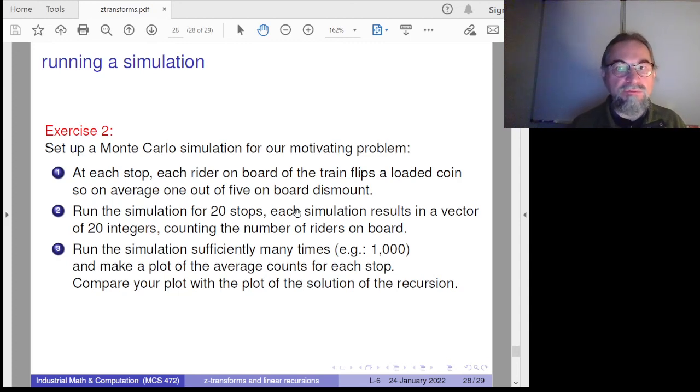So one run will give you a vector of 20 numbers. Now, of course, when you average things out, this is where the fractions come in again. So if you would make a plot, would the plot be similar to the plot we obtained by the recursion?